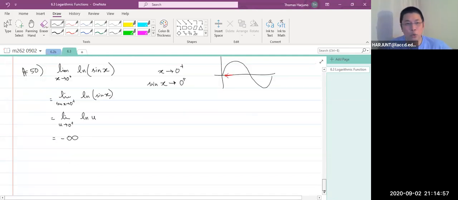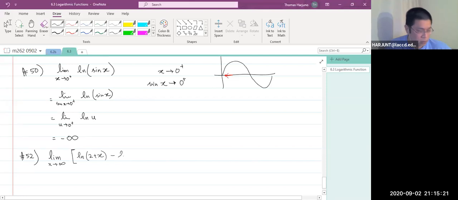Number 52. Limit of x going to infinity of the quantity natural log of 2 plus x minus natural log of x.